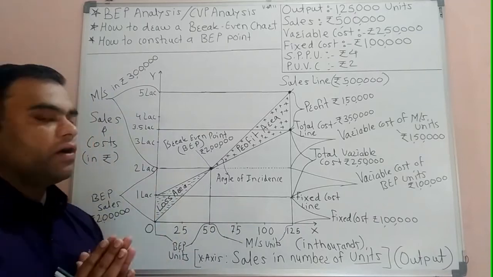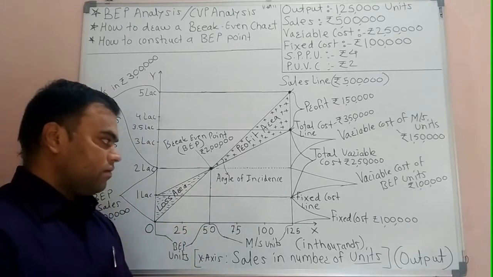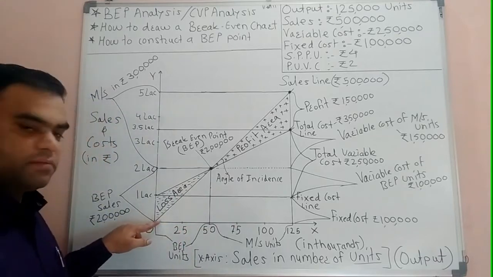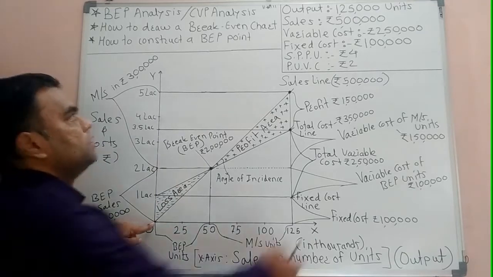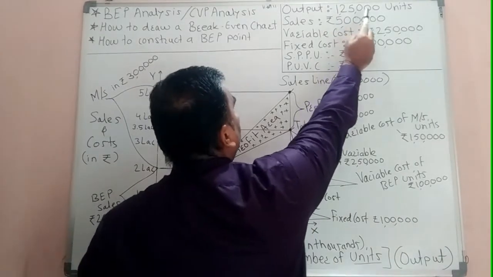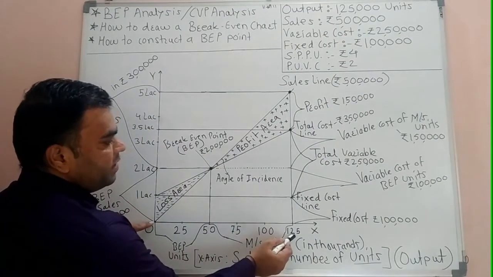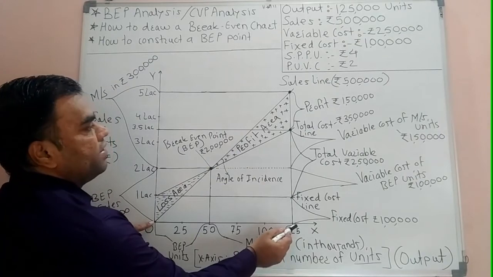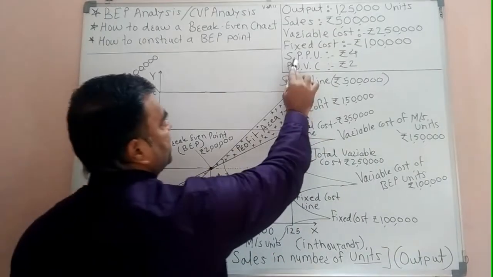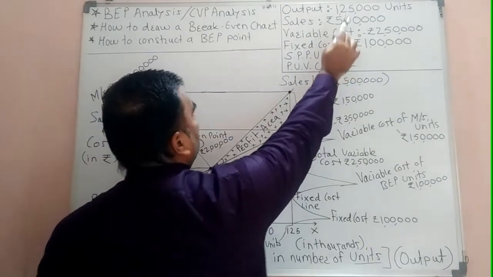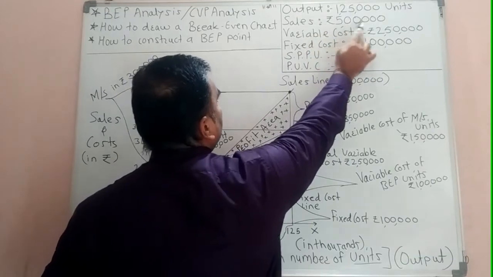Then second, what do we have to do? We have to draw the sales line or sales curve. This is 0 sales. Then how many units have we sold in total? 1,25,000 units, from 0 to 1,25,000. We sold 1,25,000 units at rupees 4, the selling price per unit. 1,25,000 into rupees 4 is equal to sales of rupees 5 lakh.